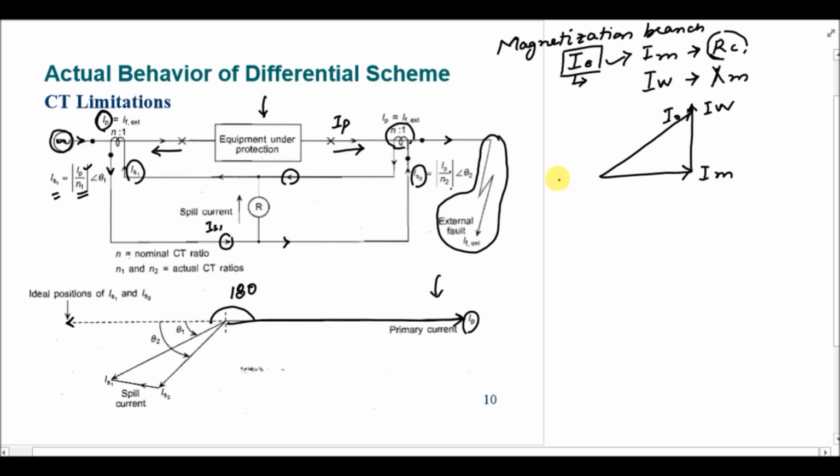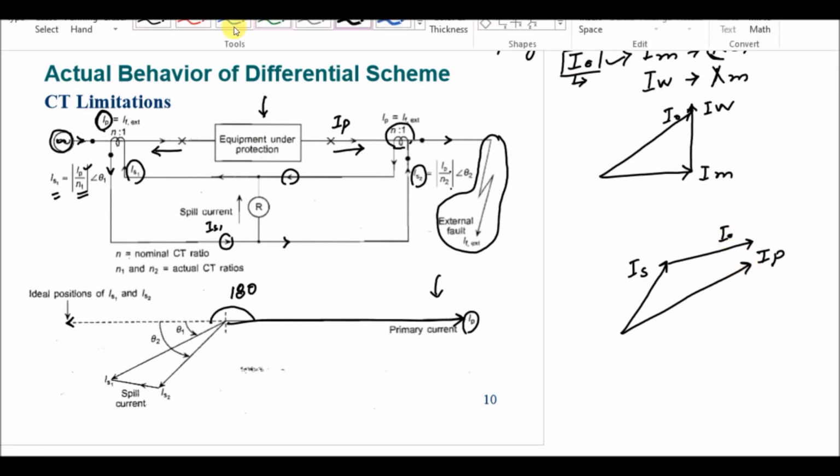So if you have IP in this direction, then this will be your IS and this will be your I naught. So I will draw this one again.